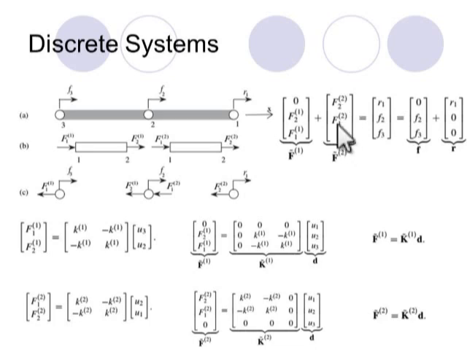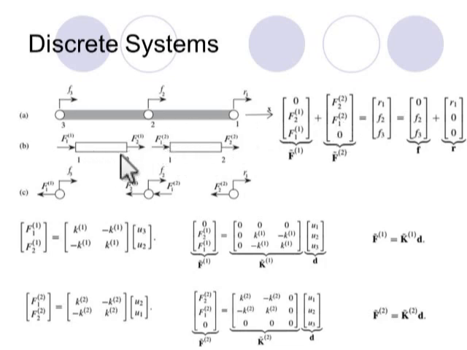So remember how I numbered the nodes in the global system. The first node in the global system is my second node in the element system of element 2. Identically, the first node of element 2 is the second node in the global system.